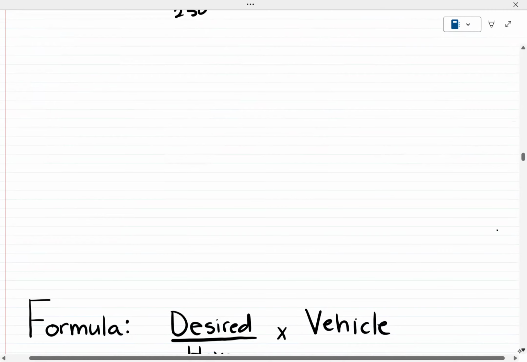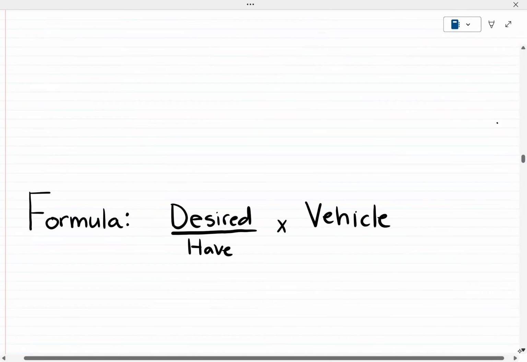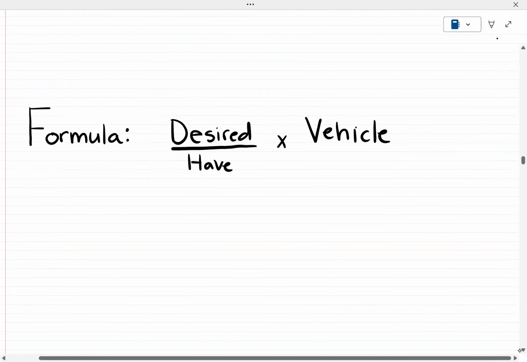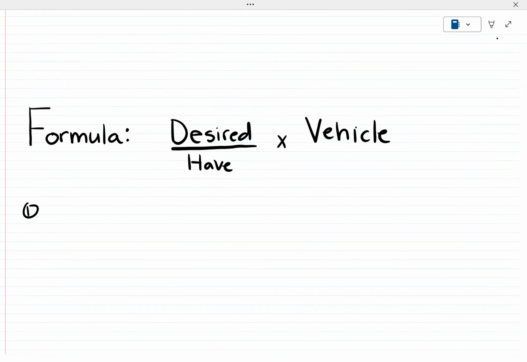Okay, let's do the formula method. So our formula method is desired over have times vehicle. Remember our desired and have to be in the same units. So you're going to have to first convert 0.25 grams to milligrams, which we already did, it was 250 milligrams based on method 2, right?